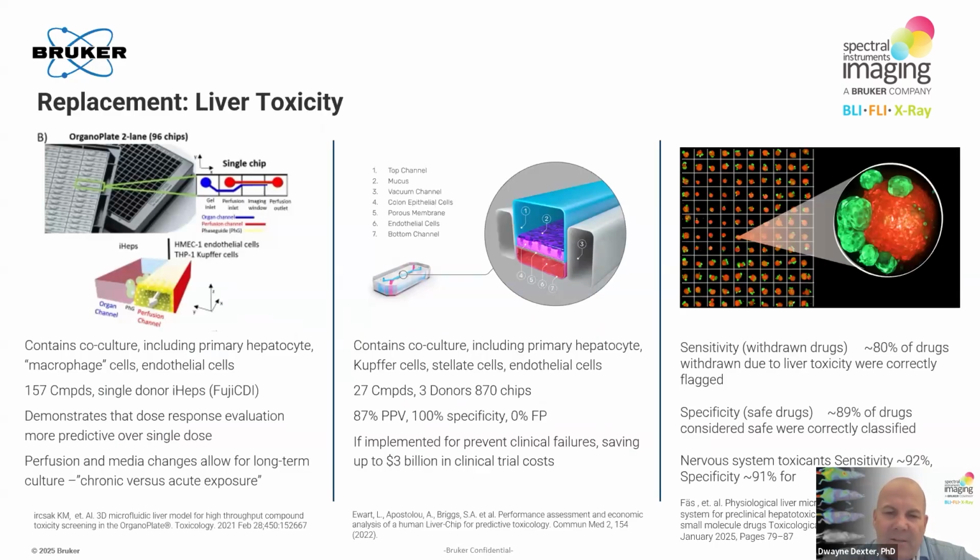But if drug safety is one of the reasons, liver toxicity is one of the principal toxic events that cause withdrawal from clinical trials or even post-approval. So I just want to highlight three examples of how NAMs are being used to develop in vitro liver toxicity assays that both contain the complexity of the liver, but also start to allow us to explore liver toxicity in different ways.